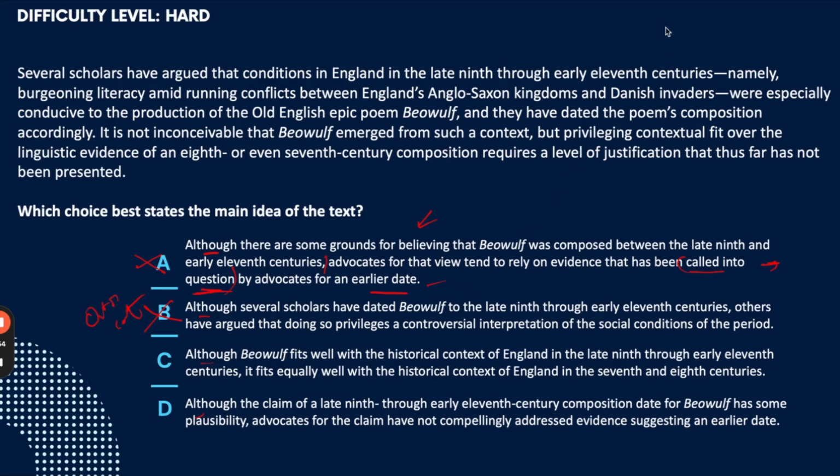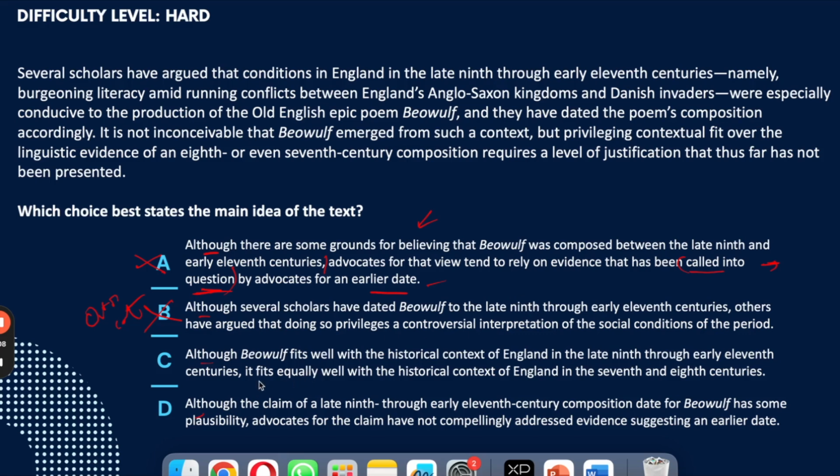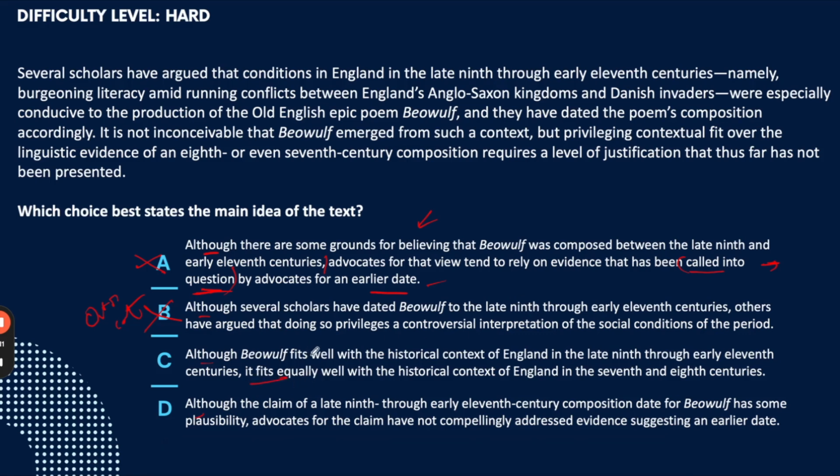Let's look at C now. Although B fits well with the historical context of England in the late 9th to early 11th centuries, again, nothing wrong in the first part, it fits equally well with the historical context of England in the 7th and 8th centuries. Now, the second part is making this option incorrect. Why? Because the text doesn't talk about how well B fits the historical context of both the 7th and 8th centuries.